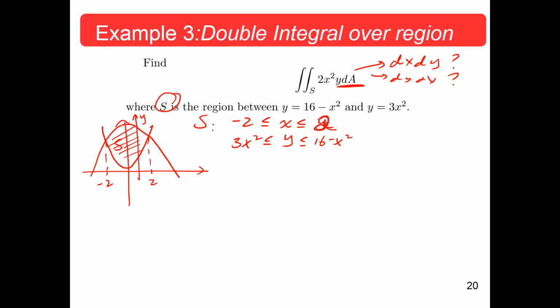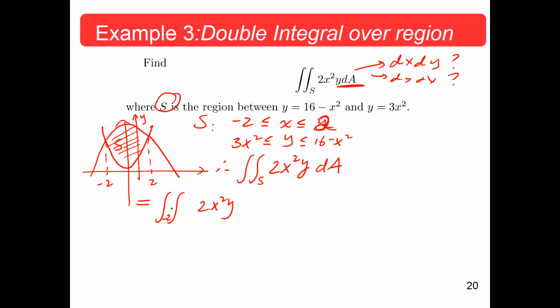All right, with this in mind, let's write down this double integral. The double integral of 2x squared y dA over region S can be further written as: let's retain the integrand 2x squared y, and follow the direction. As we said, constants must be in the outer layer, so x must be in the outer layer.